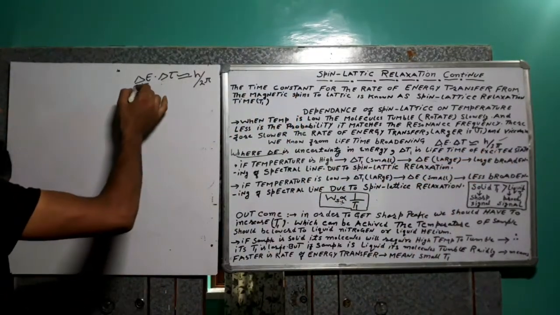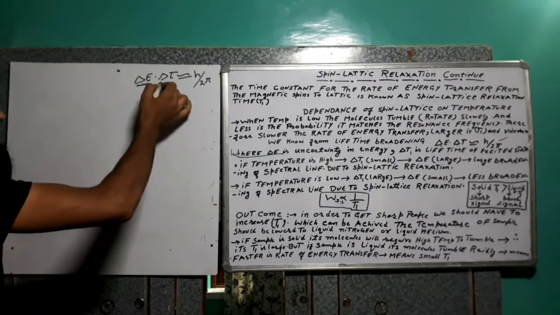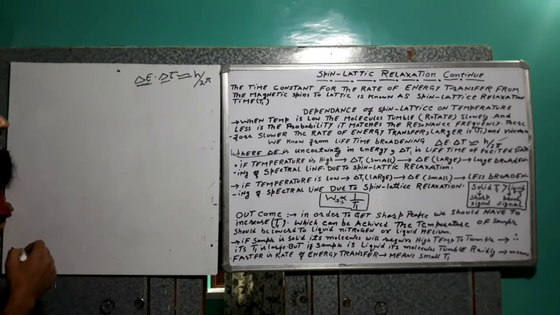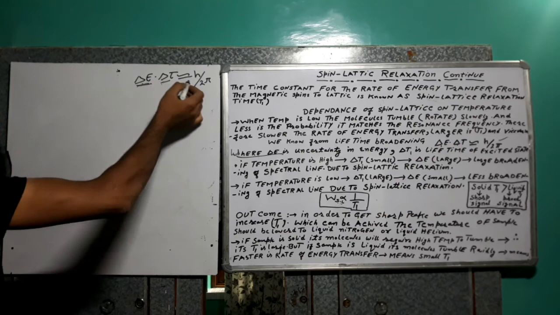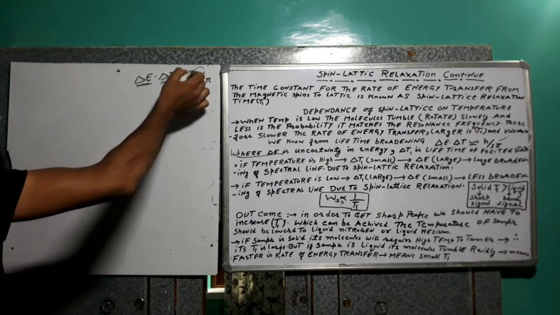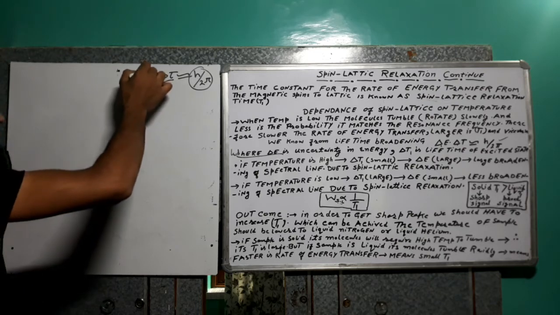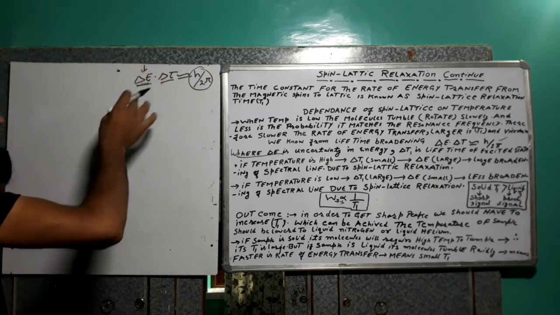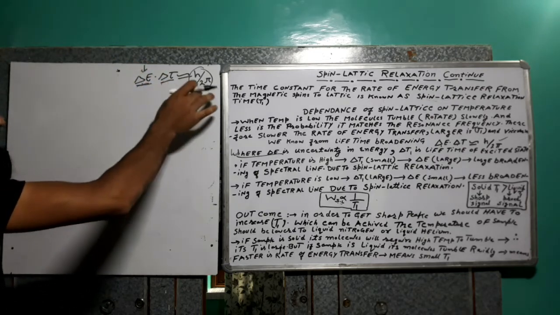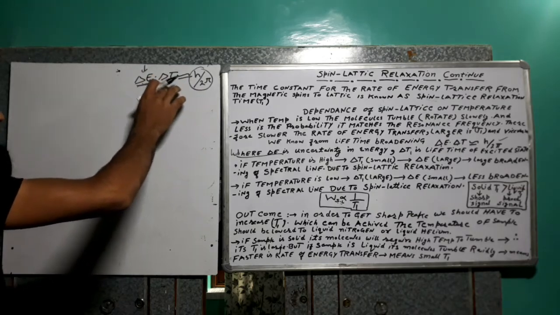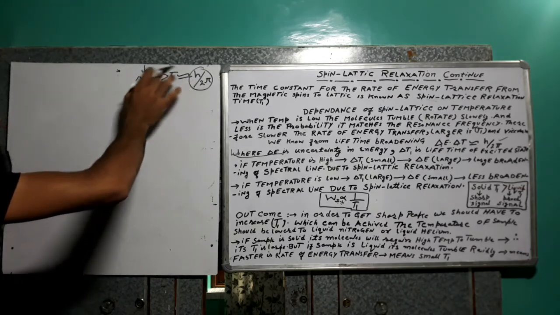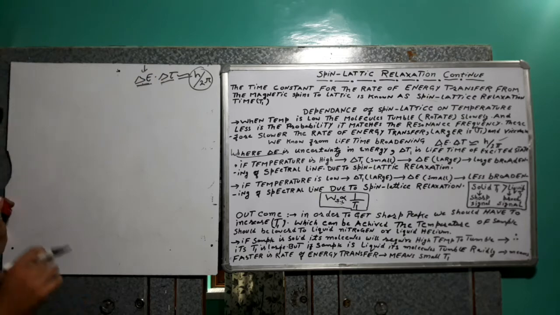The multiplication of these two quantities should equal this constant. If one quantity increases, the other must decrease, so that the product stays constant. If this decreases, this has to increase.